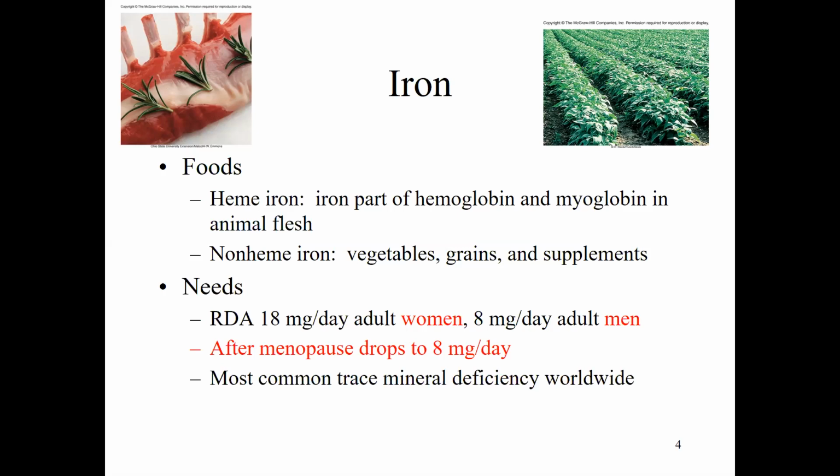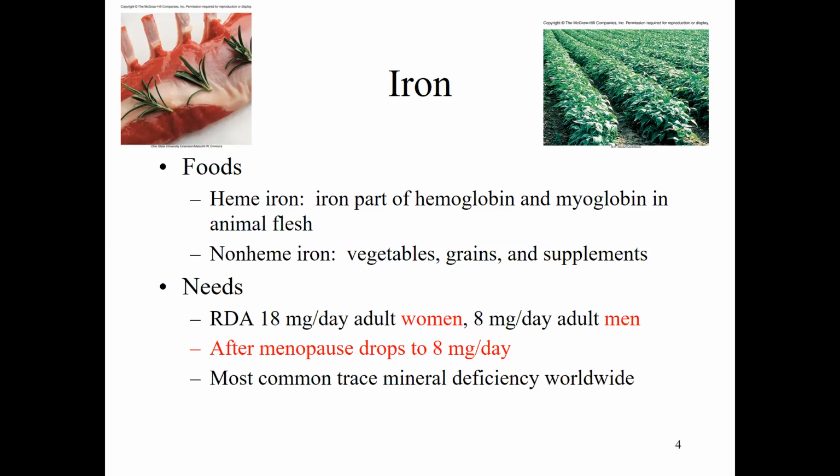That's part of their physiology, and myoglobin, which is the similar protein that's found in muscles. So just because it's similar to a human, I guess, physiologically, heme iron also tends to be easier for us to absorb. Non-heme iron is a form of iron that we find in vegetables, grains, and supplements.